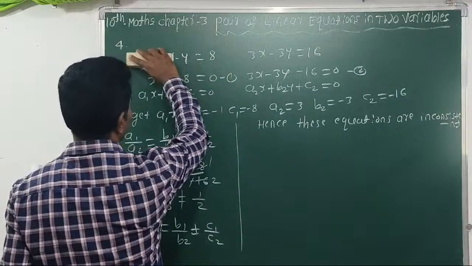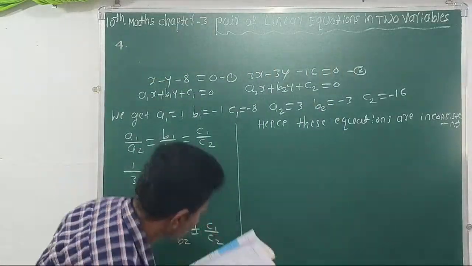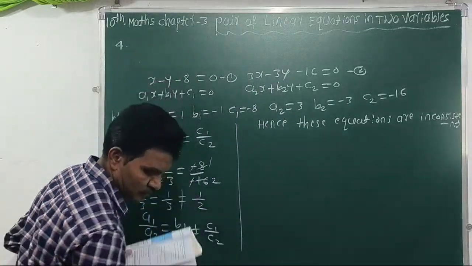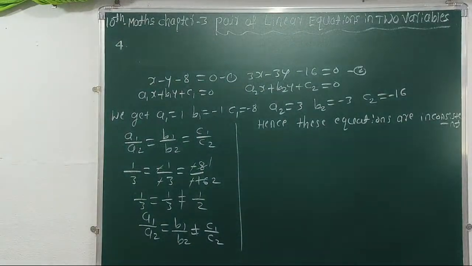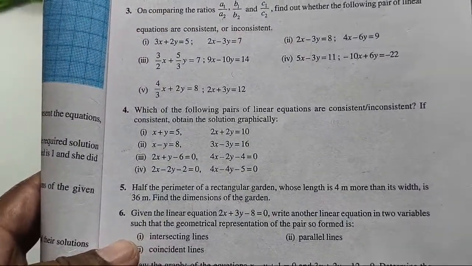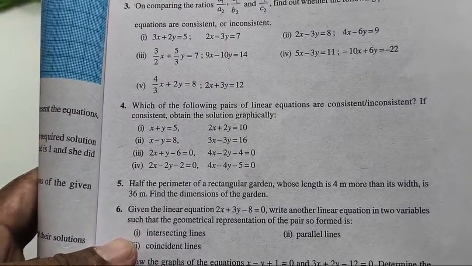I will solve one more problem. Take the screenshot of the fourth main problem. Which of the following pairs of linear equations are consistent or inconsistent?